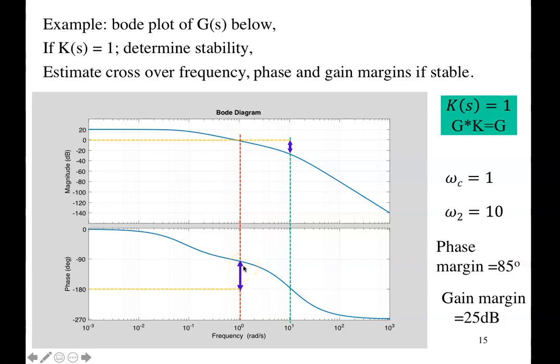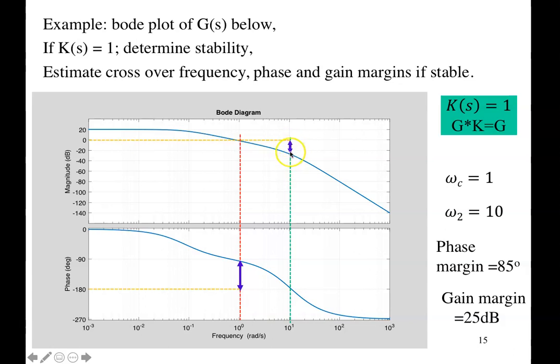The third parameter, our final parameter I need to find, is the gain margin. Okay, gain margin, you go to omega 2. Omega 2 is where the phase angle equals minus 180 degrees. So you go to omega 2, you go up until you see where the magnitude curve is. And it should be below 0 dB, but how far is it below 0 dB?